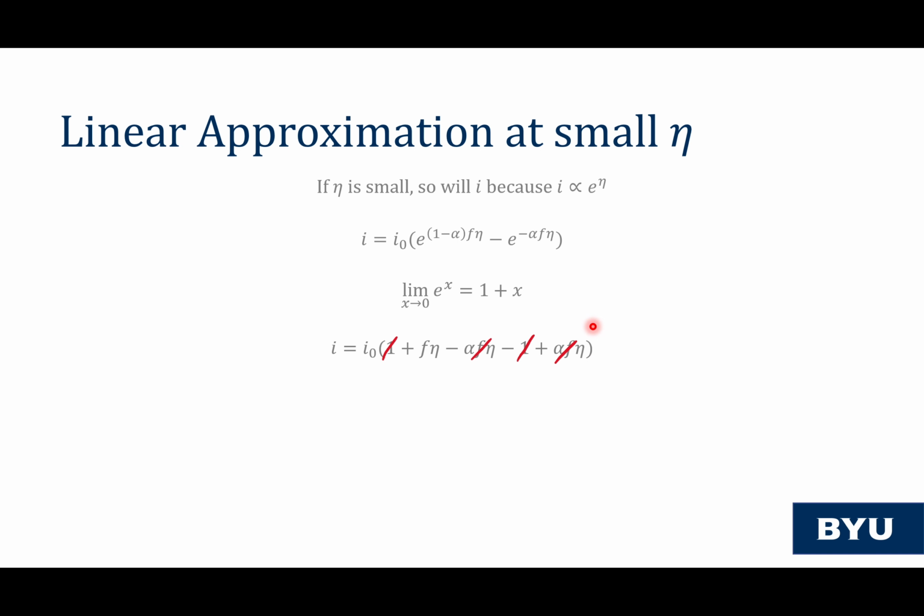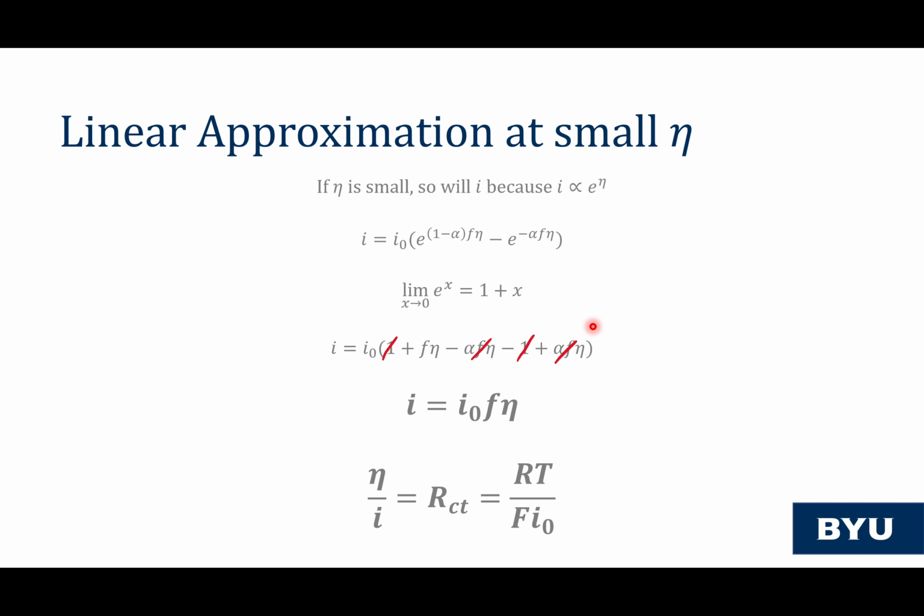Okay, so we cancel out terms with opposite signs, and what we're left with is our current at low overpotentials is equal to our exchange current times small f, where this is Faraday's constant over the universal gas constant and temperature, and then that's multiplied by our overpotential.